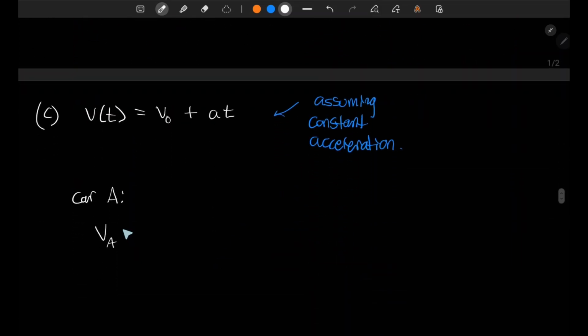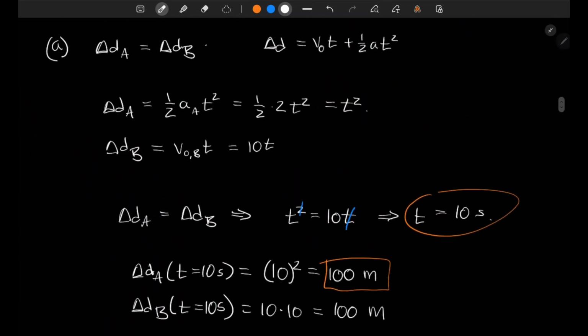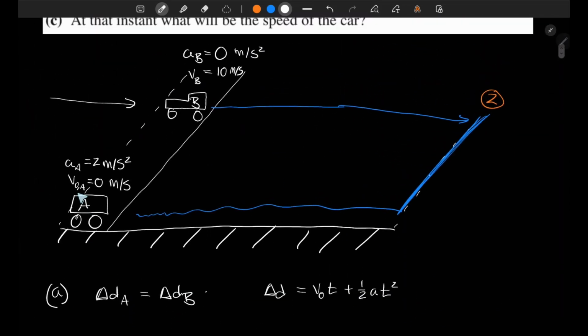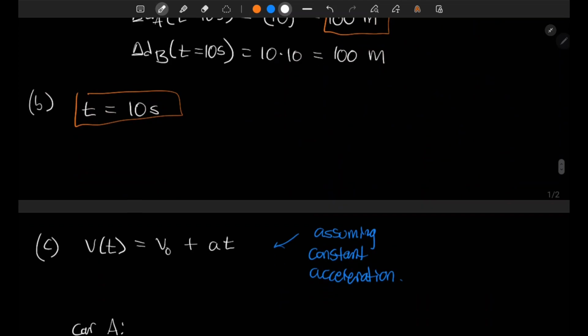So we want to calculate the velocity of car A at t is equal to 10 seconds. So that's equal to v_0,A plus a_A times 10. Okay, now let's go back up to our diagram, and we see that v_0,A is 0. Well, that's easy. And a_A is equal to 2.